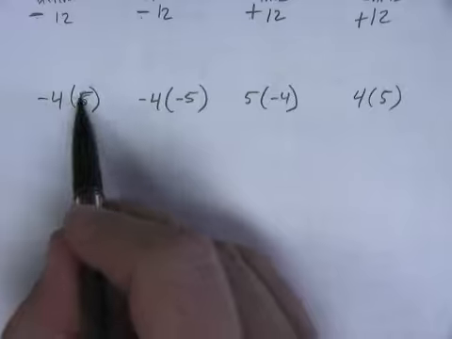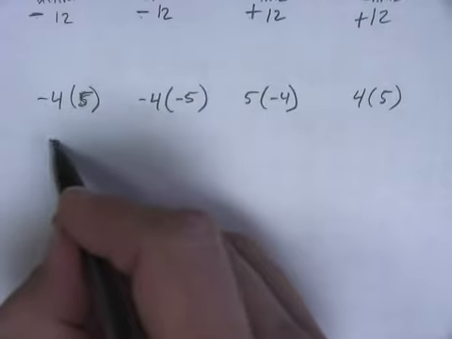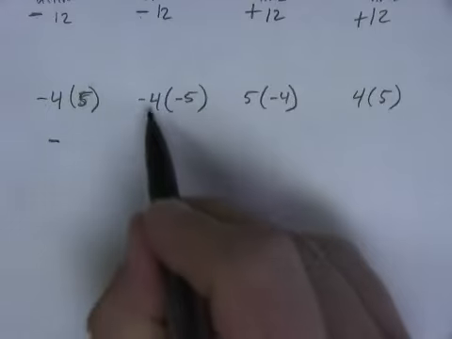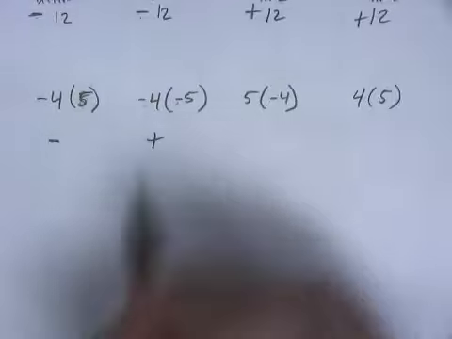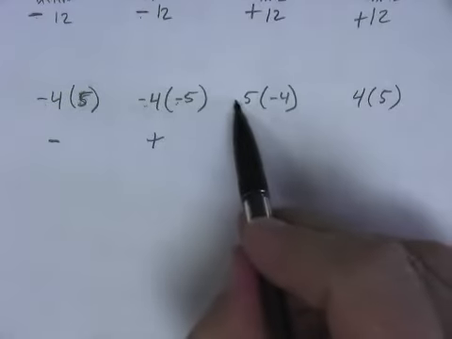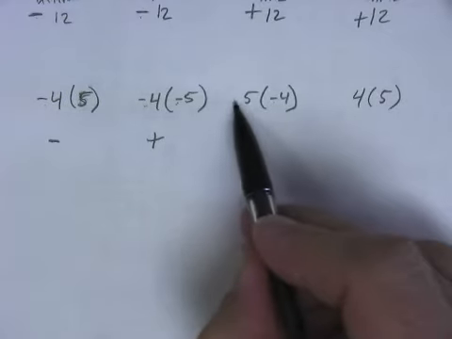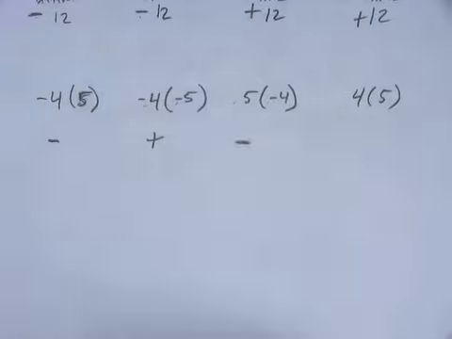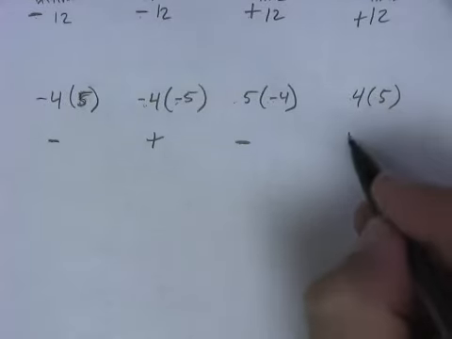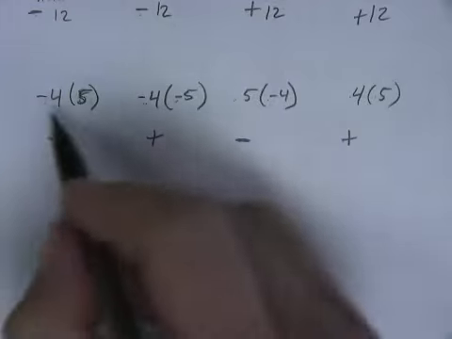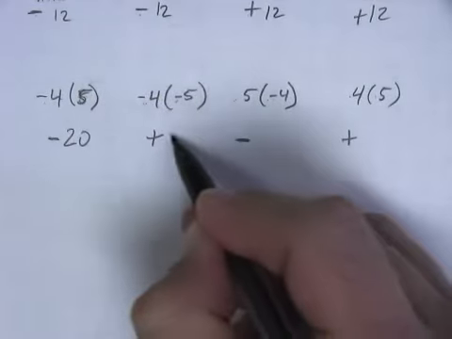They're different. Different signs means negative answer. Negative, negative. Same. Positive answer. Positive and negative are different, so it's a negative answer. Positive and positive, they're the same. If they're the same, it's a positive answer. What's 4 times 5? 20.